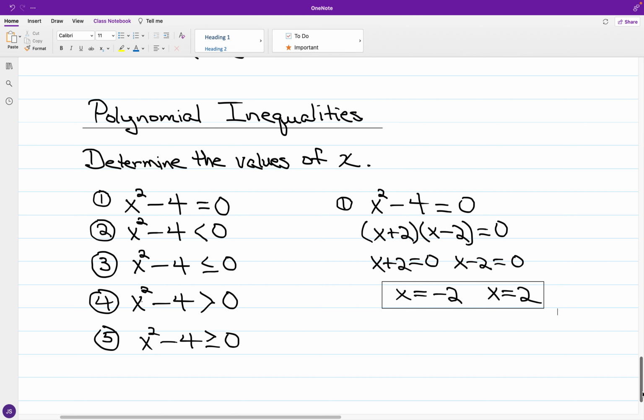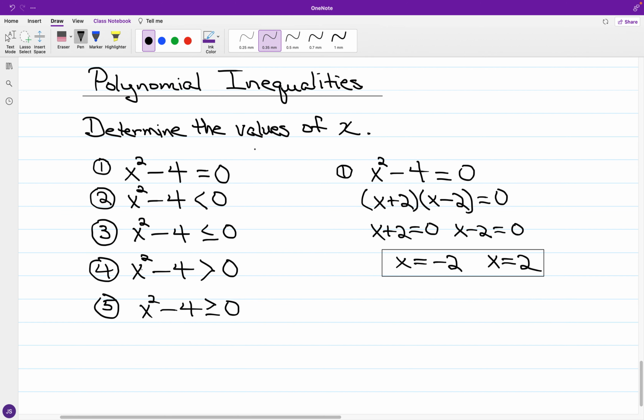Okay, now in terms of laying the groundwork for solving these inequalities, notice we have that which has been compared to 0 throughout. So we had x squared minus 4.